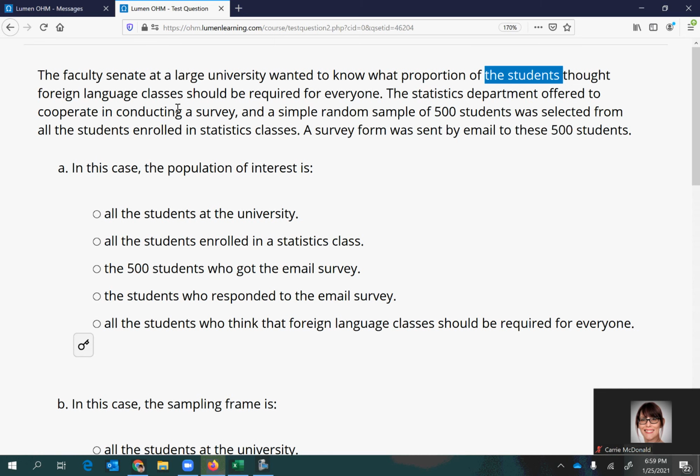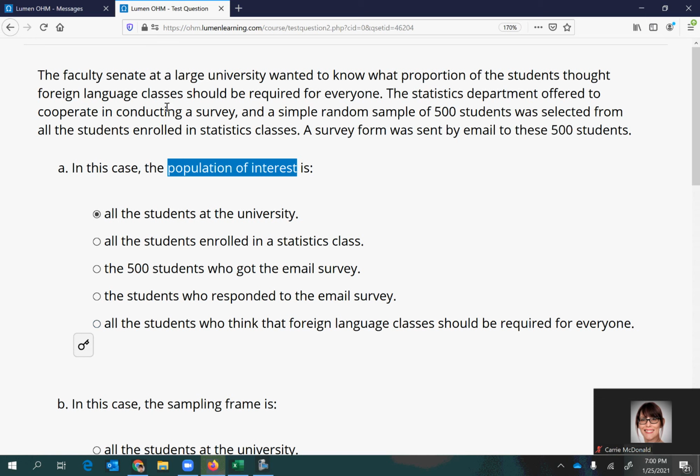All the students at a large university, right? The students that are at their university, right? So that's what this is supposed to be representing. So all the students at the university is the correct choice. That would be the population, all of the members that we're interested in. Okay, we want to know what their opinion is, all of them.